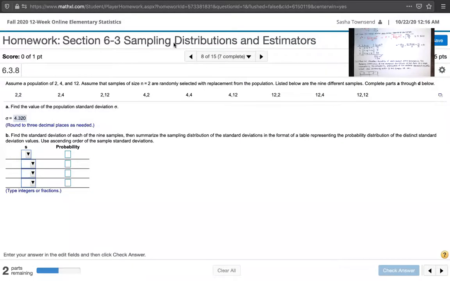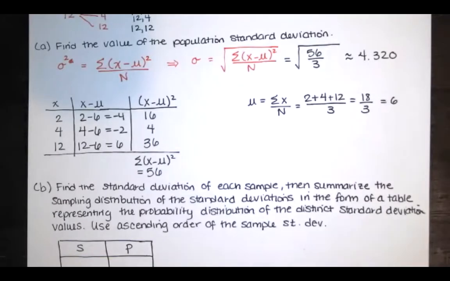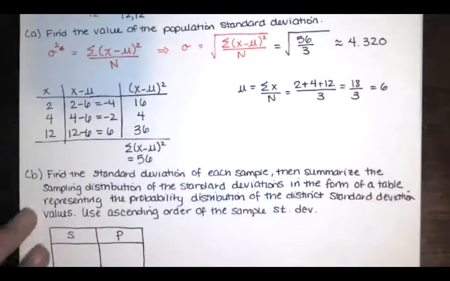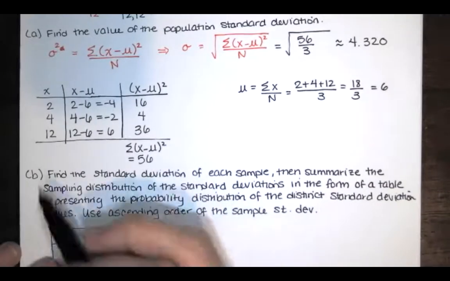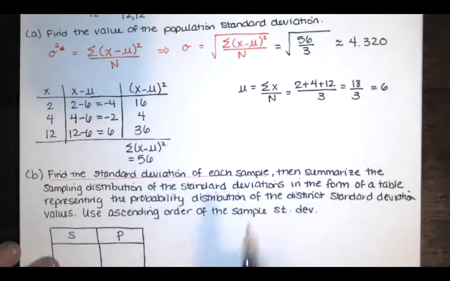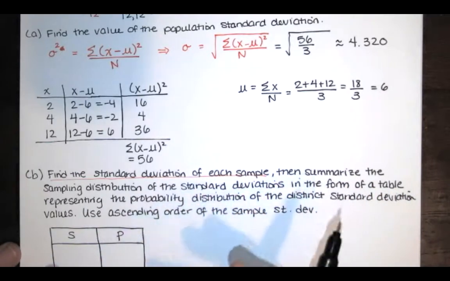Okay, I'm going to share my paper with you now. All right, now let's read that problem statement again. It says, find the standard deviation of each sample. That's what we're going to do first. Then summarize the sampling distribution of standard deviations in the form of a table representing the probability distribution of the distinct standard deviation values.